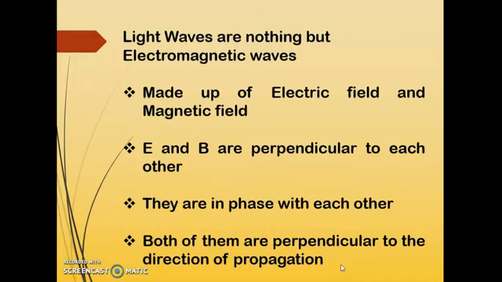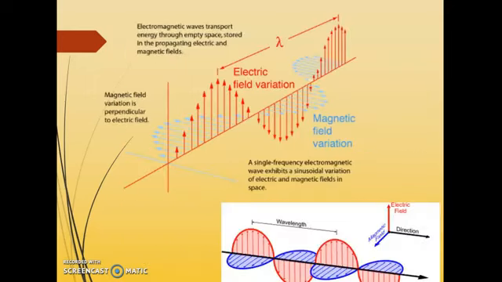So all these things we have already learned in our chapter called Maxwell's equations, in more detail actually, with much more mathematical expressions and all, if you remember, right? So this is what light waves are about. So this can be more clear if I show you some diagrams. Okay, here is one.